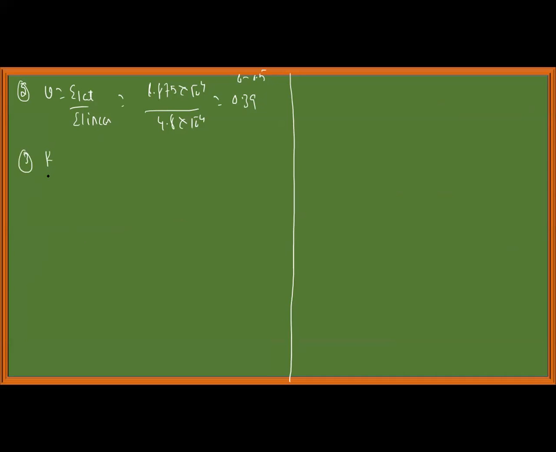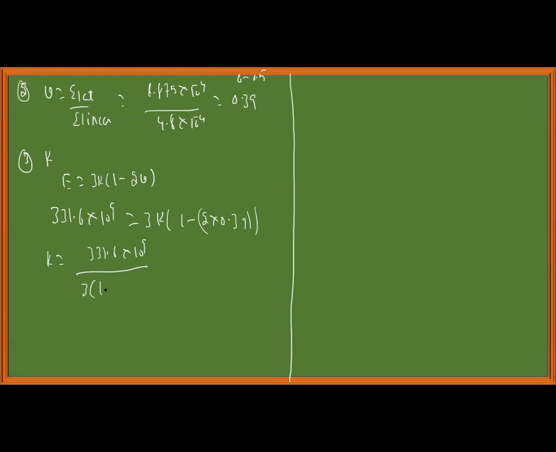Bulk modulus K. We know the relation E is equal to 3K into 1 minus 2 nu. E is found out to be 331.6 GPa, 331.6 into 10 power 9, which is equal to 3 into K into 1 minus 2 into 0.39, or K is equal to 331.6 into 10 power 9 by 3 into 1 minus 2 into 0.39.